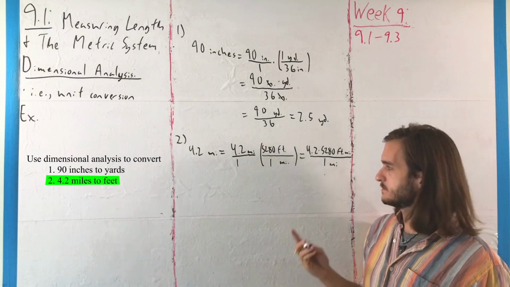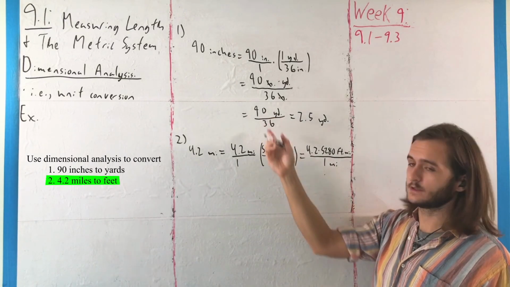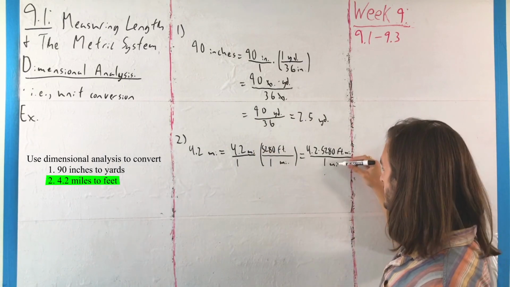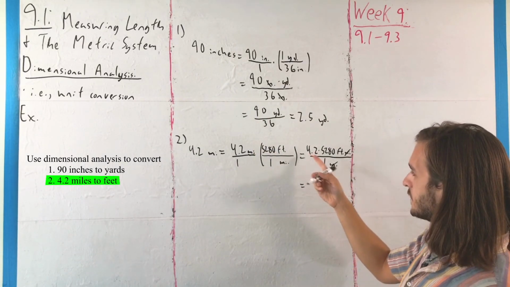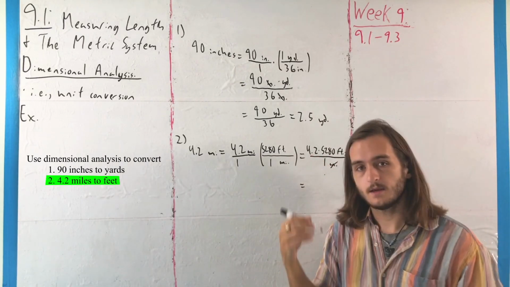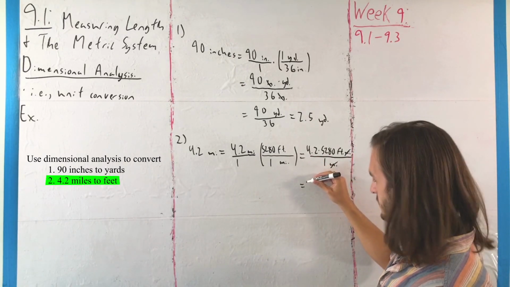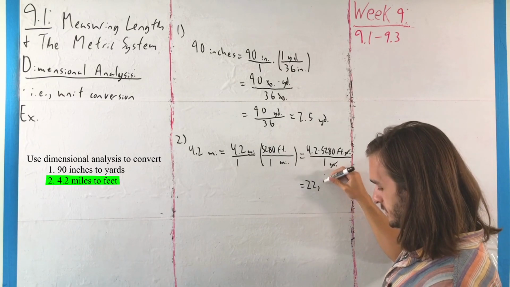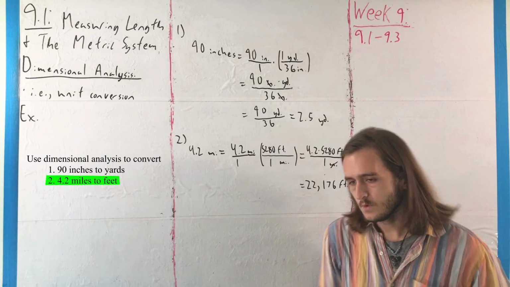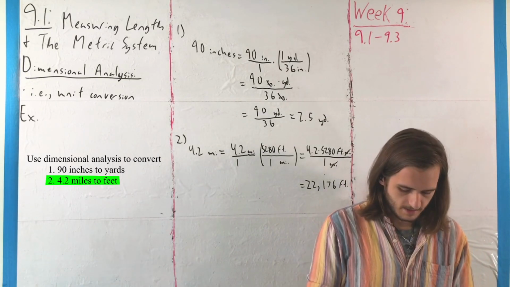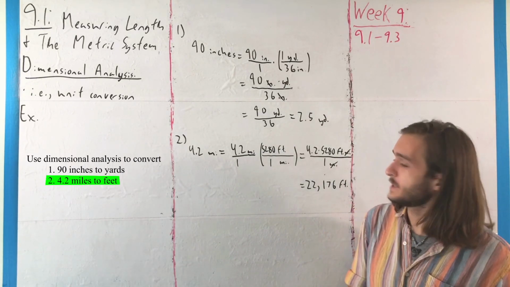And there's not a whole lot of division in terms of those numbers, but there is nice division in terms of the units, because the miles are going to cancel, and we'll be left with 4.2 times 5,280 feet, or, if you prefer, and most would, 22,176 feet. Now, the reasons why we convert might vary from thing to thing.